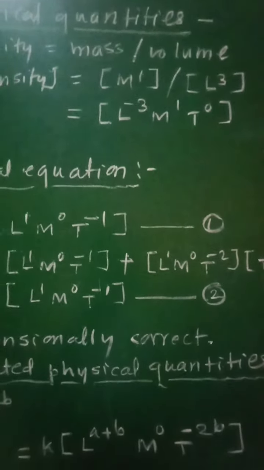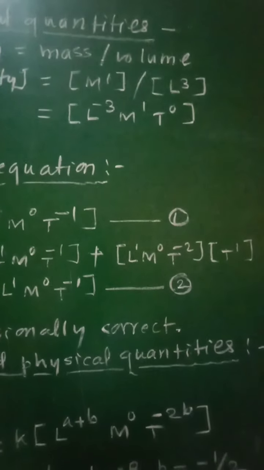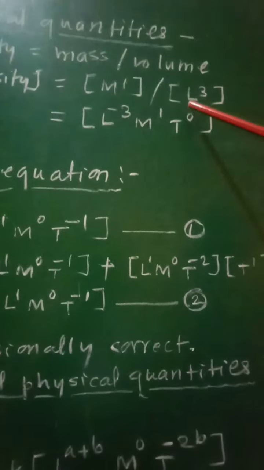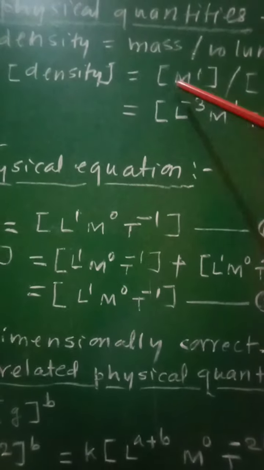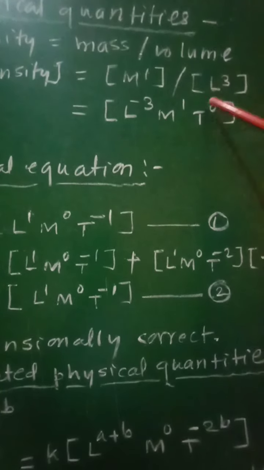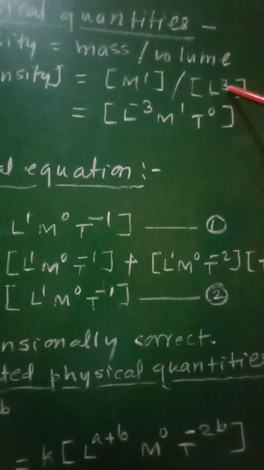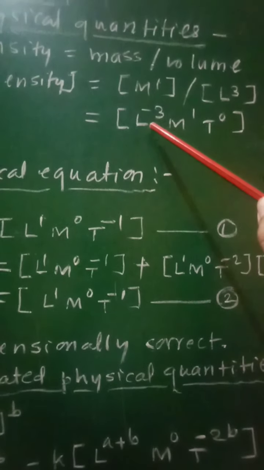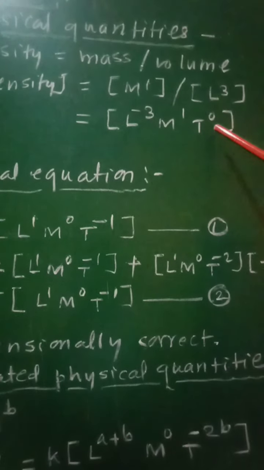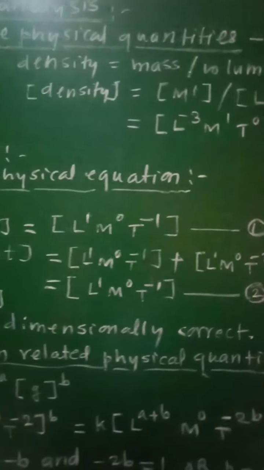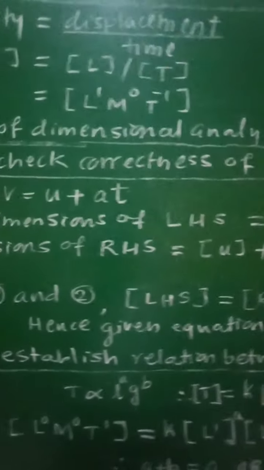Now volume is nothing but L cubed, that is cube of side, and therefore it is 3 in length. For simplifying and writing the dimensions of density, we have to shift this 3 in length to the numerator, so it will become -3, and it is written as -3 in length, 1 in mass, 0 in time. Similarly, we can write the dimensions for different physical quantities.